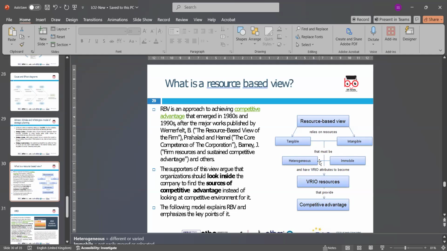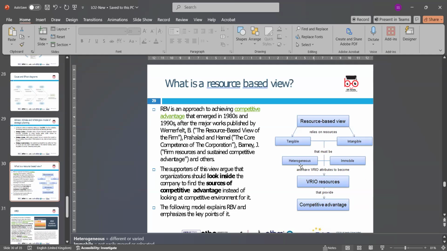You can do efficient work and you can do quality work, but the other company, they can't do. But you need to make sure your resources are different. And immobile means they are not transferable.